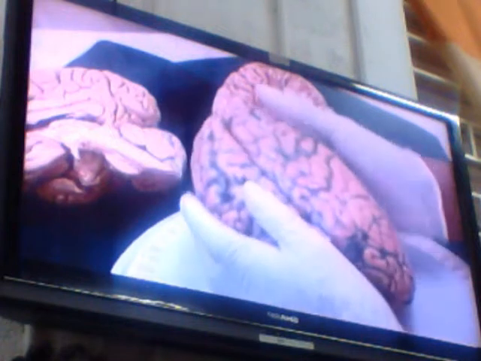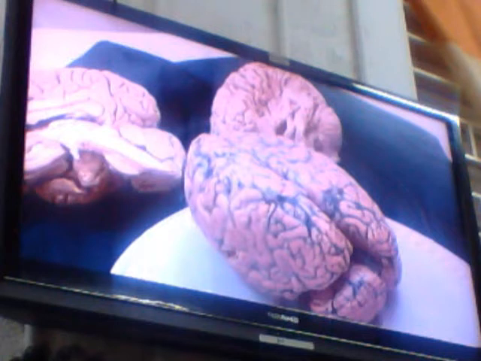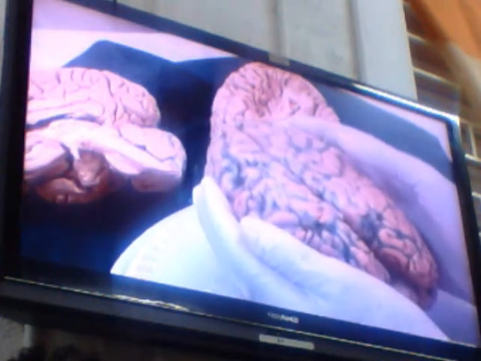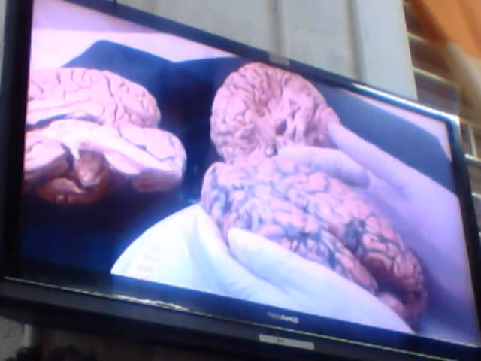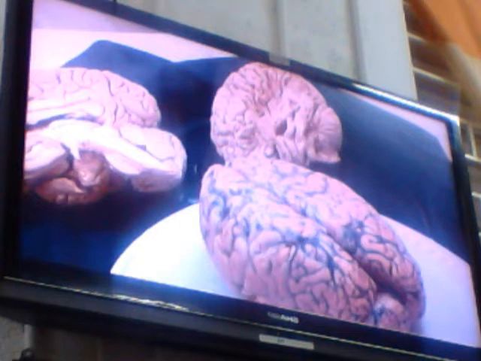The other thing is that the weight of this brain is in the vicinity of 1.35 to 1.45 kilograms. 1.35 in a woman, but 1.45 and more in a man. Does it mean that the man is brighter?